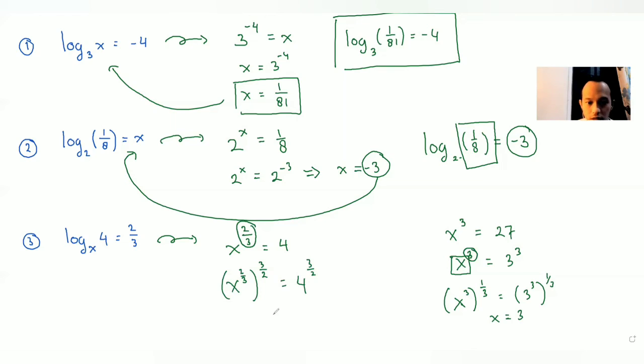In the end, I will have x equal to 4, and remember 4 is 2 squared, so with 3/2 it is 2 cubed, which is 8. That's how you deal with it.